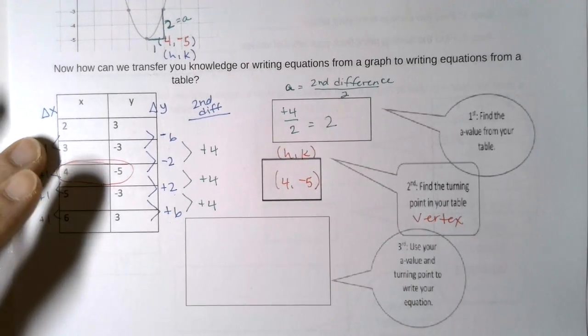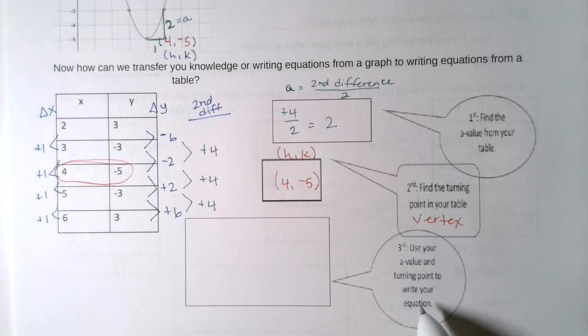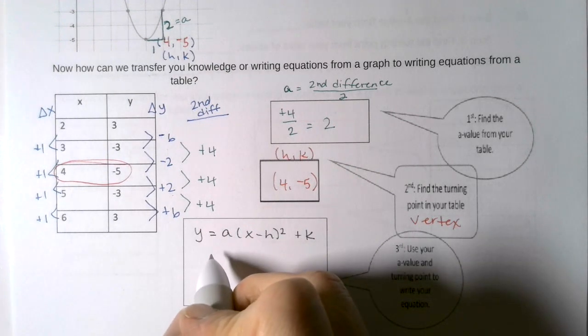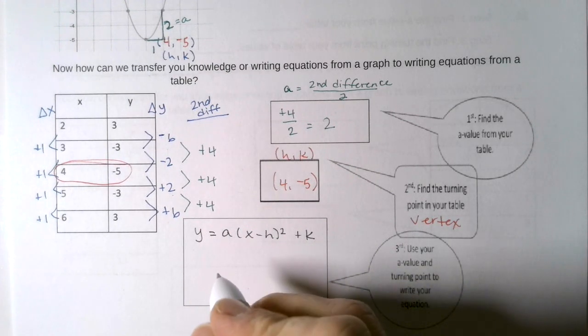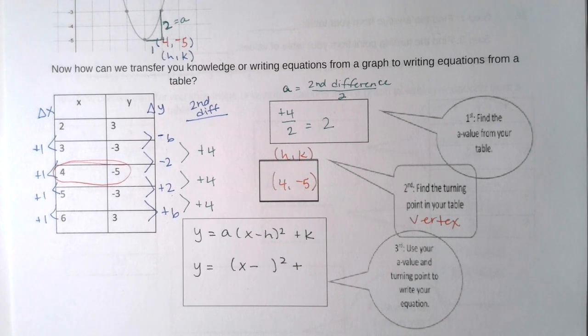The final step here is to use these values to write our equation. So I always like to have my equation right in front of me so I can just plug in the values. So please take a moment to do that now. These are the components that remain constant as we plug in our values.